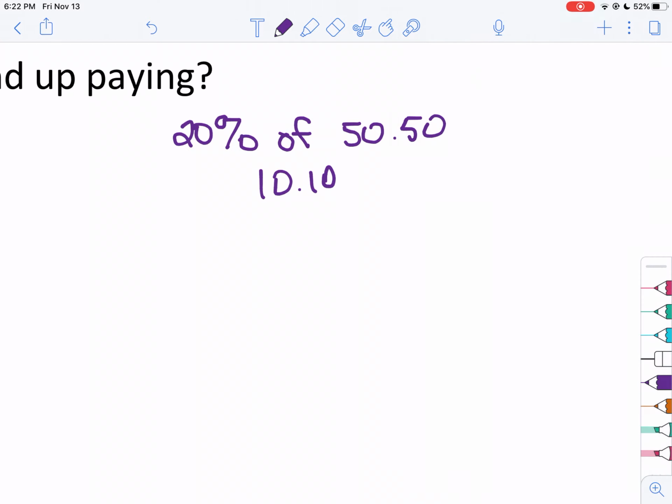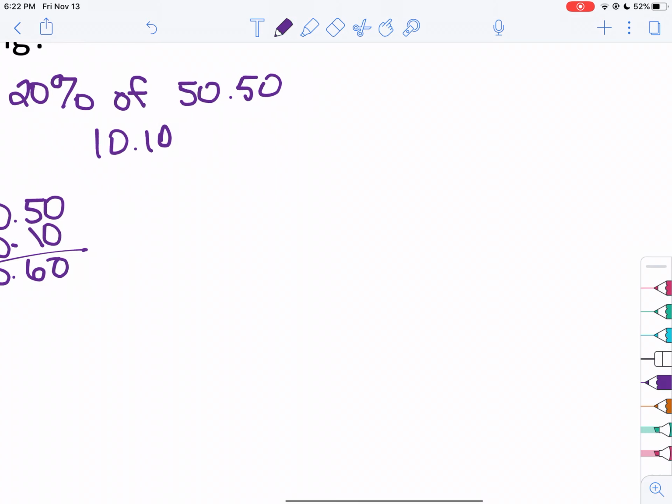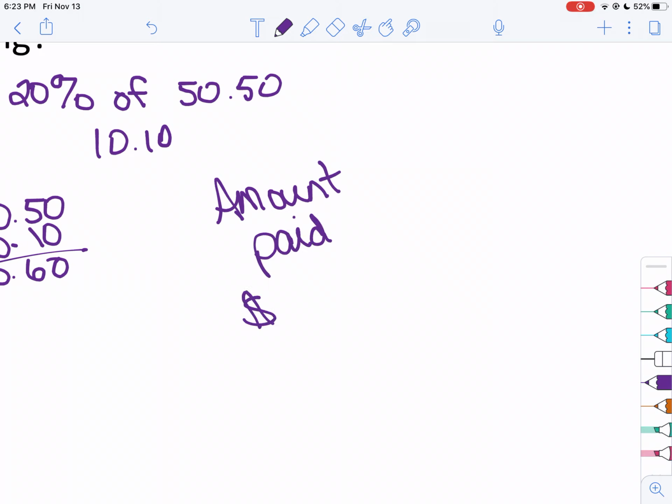Okay, so tip is another type of markup, so we're going to be adding again. So 50.50 plus 10.10. So then we get 60.60. So our amount paid is $60.60.